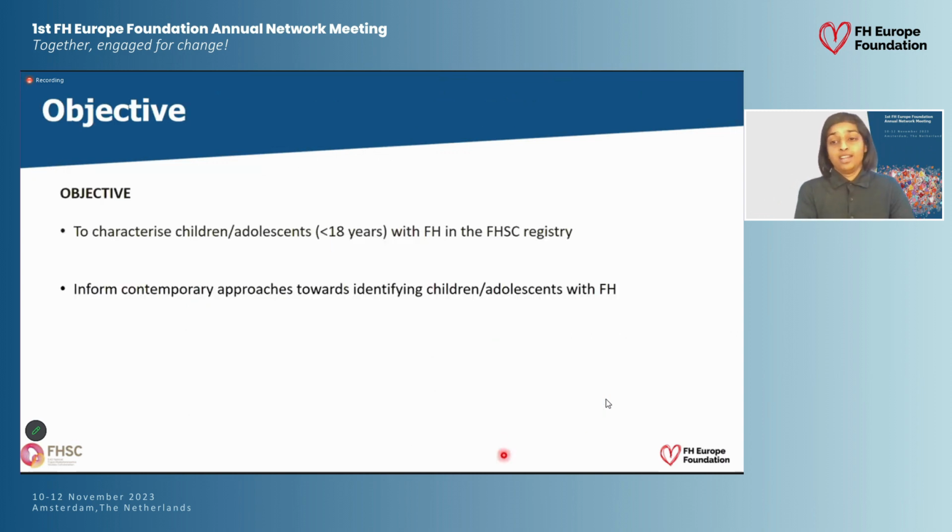So following on the analysis on the adult data set, we looked into the children and adolescents, so those that are considered less than 18 years of age within the registry. And we wanted to understand the characteristics of these children and adolescents in our registry so that we can begin to provide contemporary approaches to help find FH early in life.